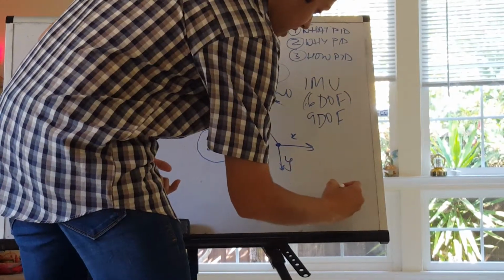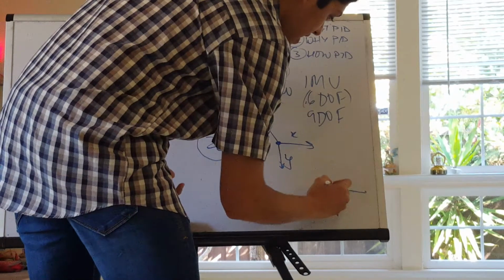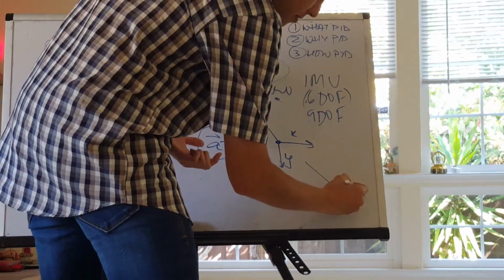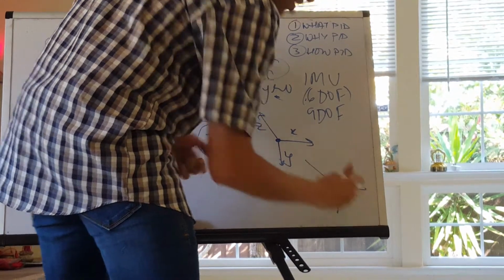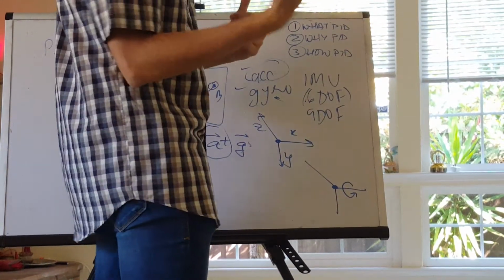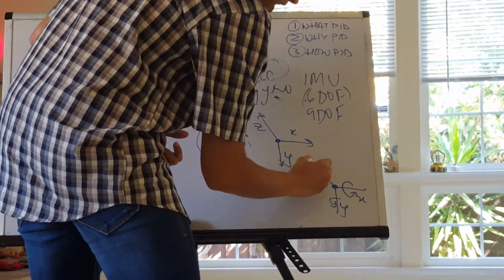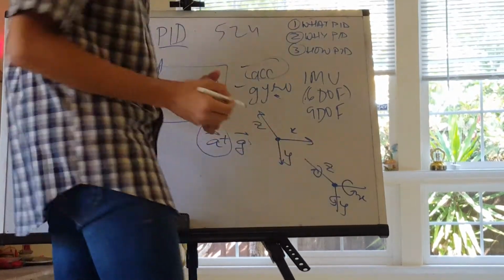Now, unlike the accelerometer, which measures the acceleration along the 3 axes, what the gyroscope does is it measures the angular velocity around each one of the x, y, and z axes.